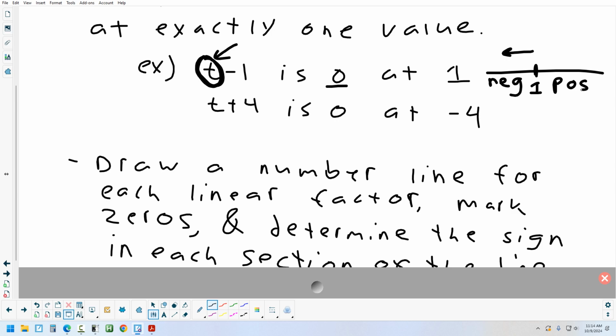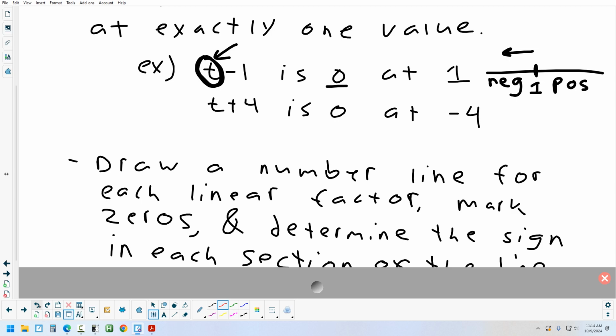It's not always negative on the left, positive on the right. That could switch if I put a negative in front of that t, which reverses everything. If you plug in numbers below 1, you'd get a positive, and above 1, you would get a negative, because that changes everything with the signs.